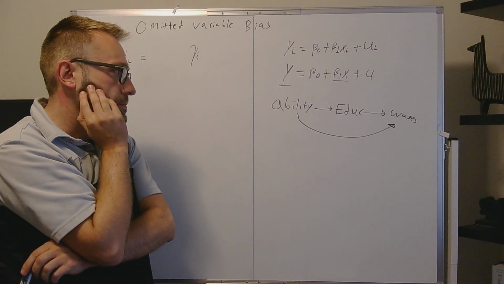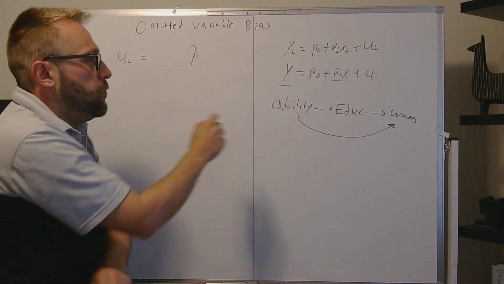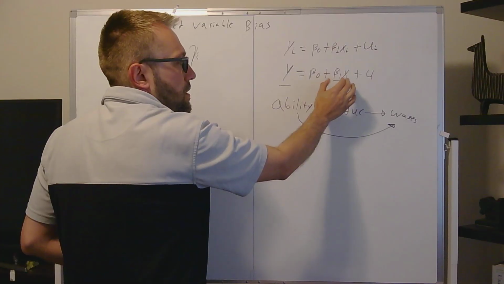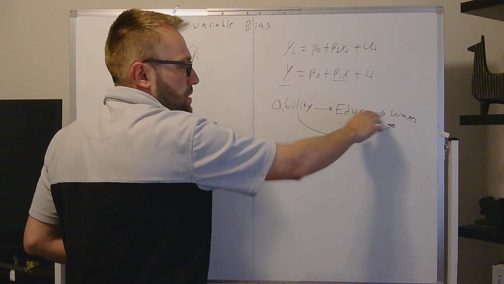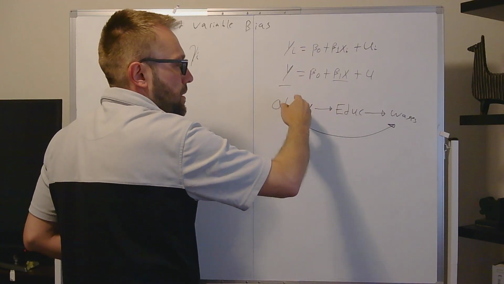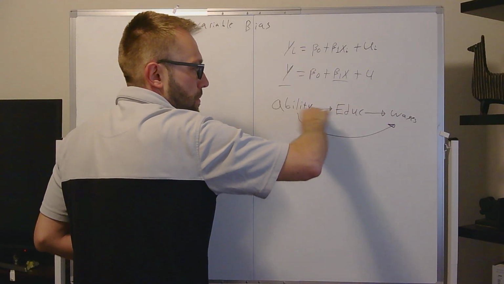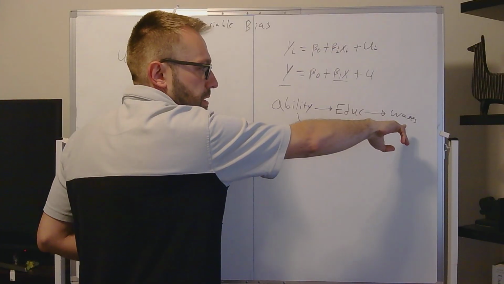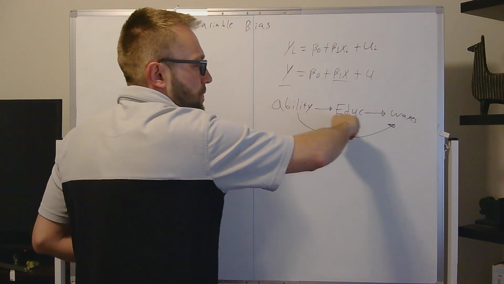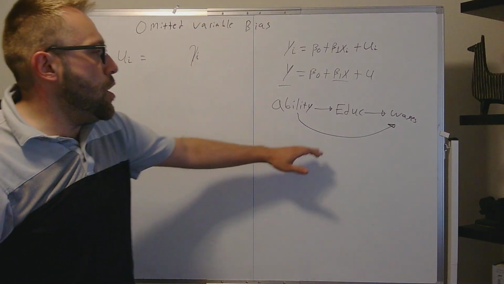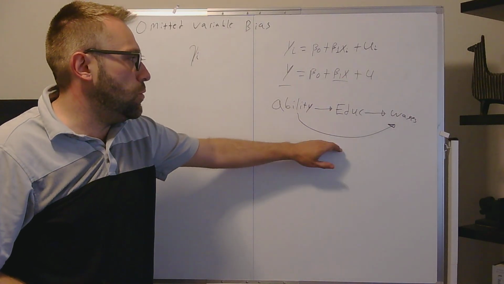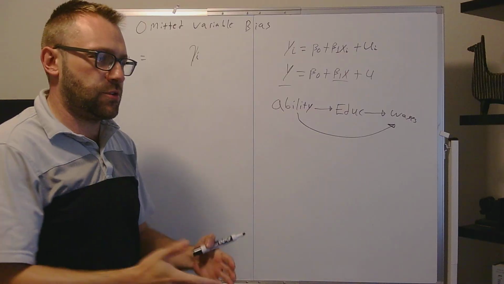So the problem is, if we have a regression that's only looking at education, but education also is fed by ability, and ability also directly feeds into wages, and also feeds through education into wages, the issue is we don't know what to ascribe to what.